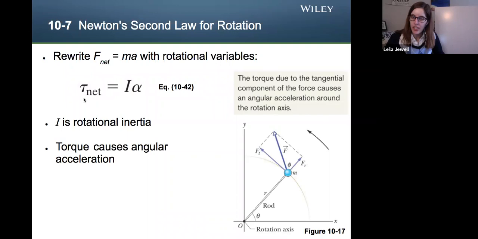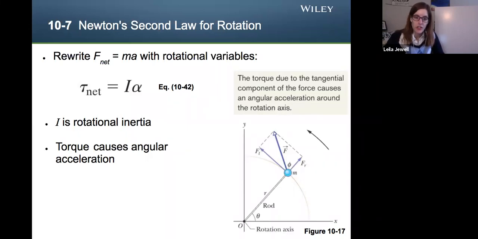So torque net instead of F net is equal to I, the rotational inertia, times alpha, the angular acceleration, where angular acceleration is the equivalent of linear acceleration, and rotational inertia, as we briefly saw in lab and we'll get to see later on in chapter 10, is the rotational equivalent of mass.